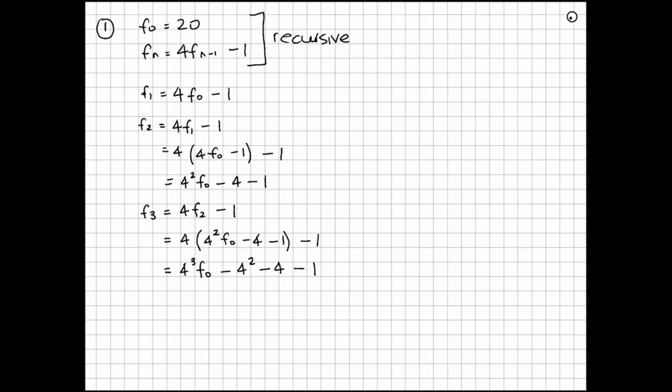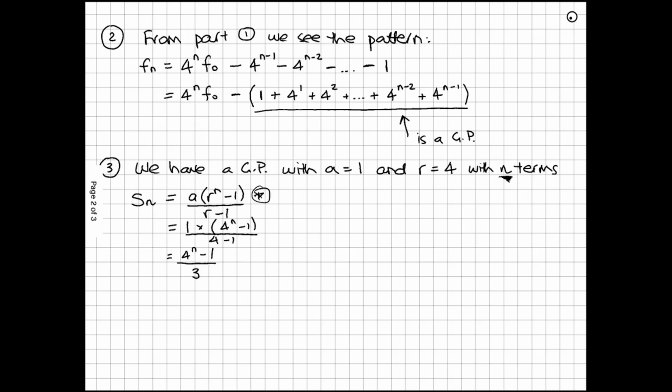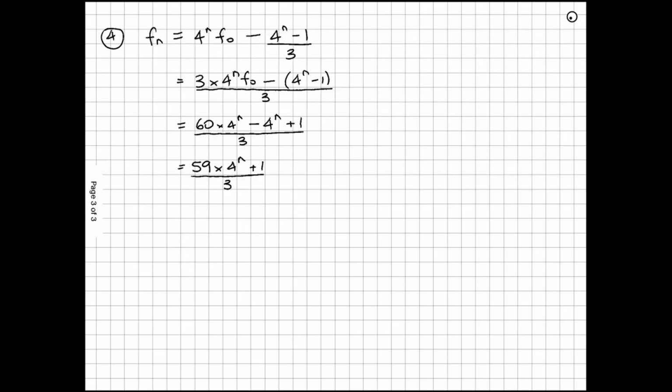And by noticing a pattern and doing a bit of mathematics, particularly with our geometric series, or sometimes called a geometric progression, we've then converted that recursive format into what we call a closed format, where instead of f of n referring to the prior value, now we've just got f of n in terms of n. And we can substitute any n in there and we'll get the value without having to work through all the prior values. So I think that's the essence of where we've been heading up to this part 4.